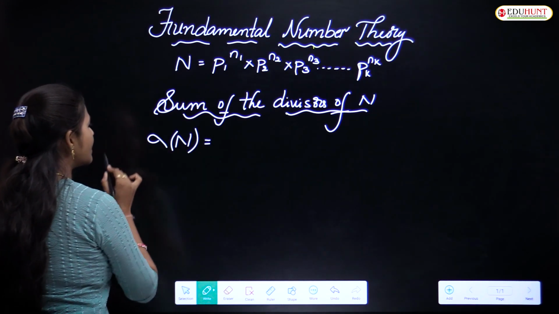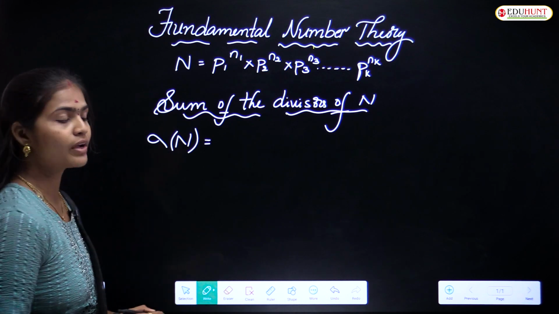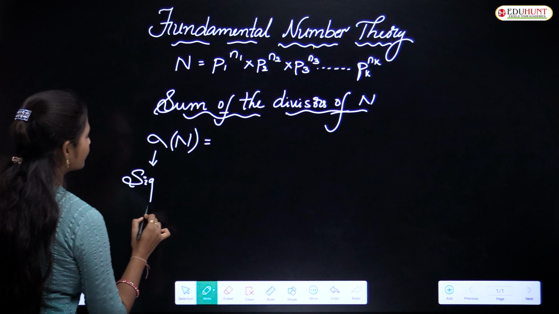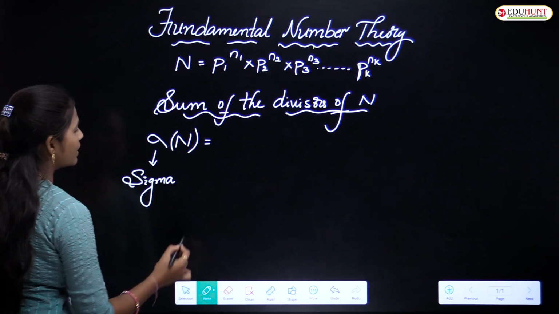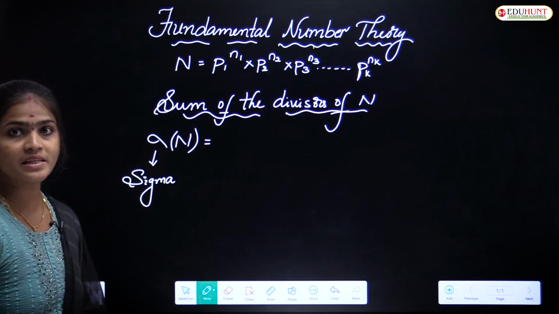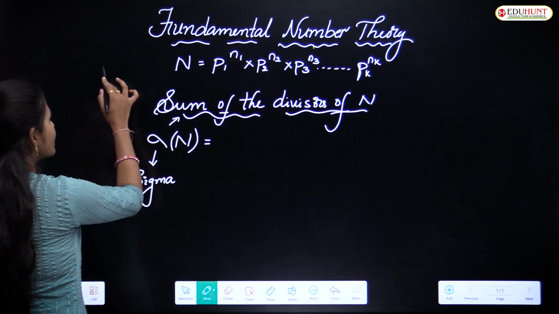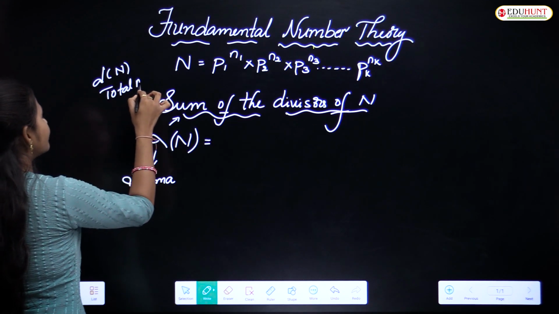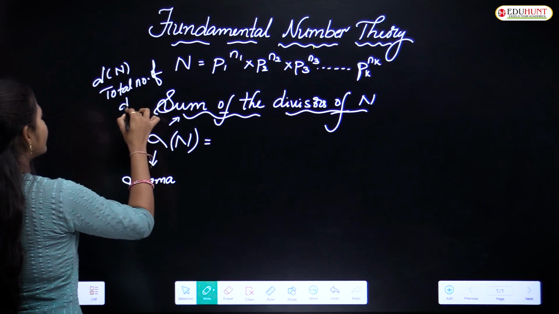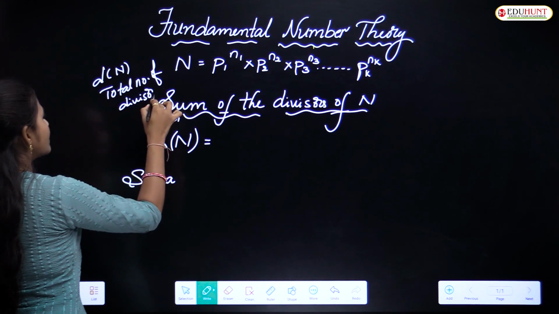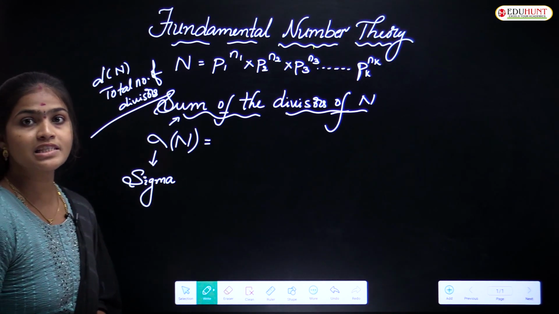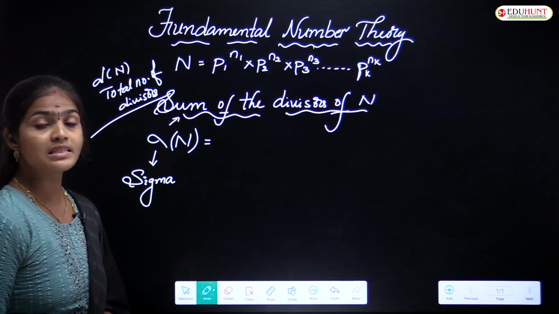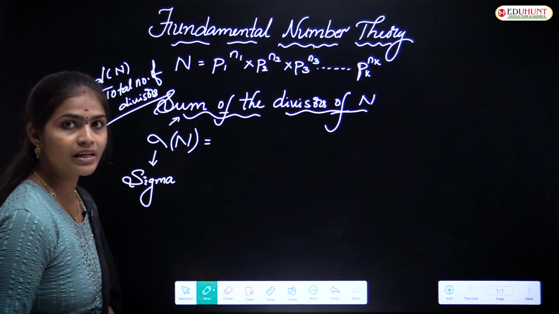The sum of the divisors is represented by sigma of n. That is the symbol sigma. Sigma of n represents the sum of the divisors, whereas D of n means the total number of divisors. See the difference?